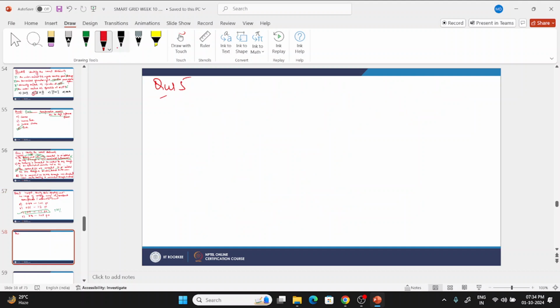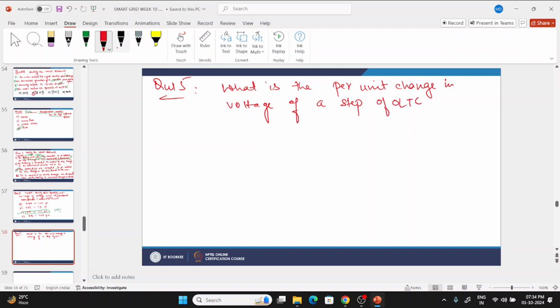Another question. What is the per unit change in voltage for a step of OLTC? A 0.0062, B 0.062, C 0.00062, D 0.62.